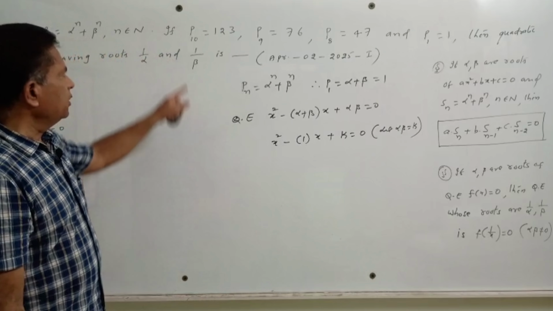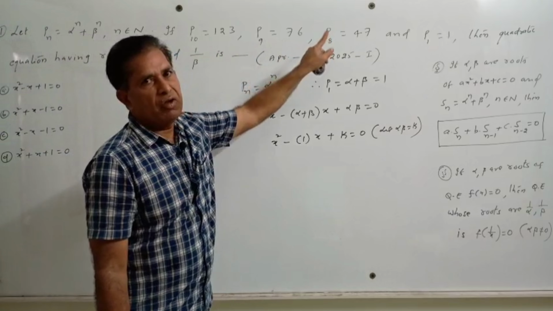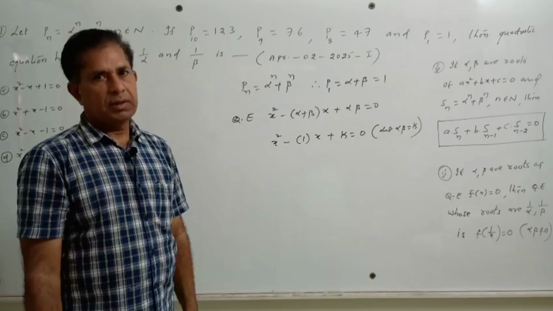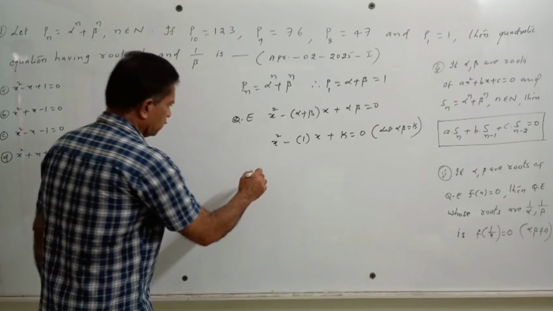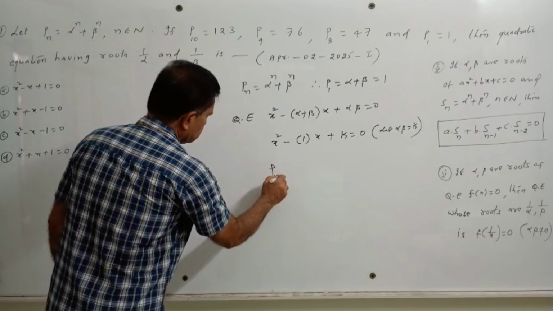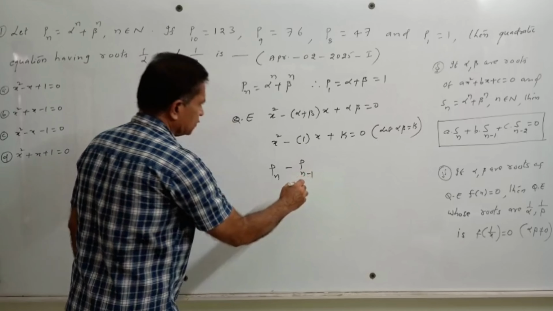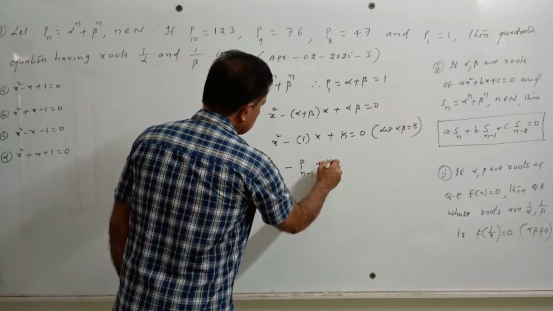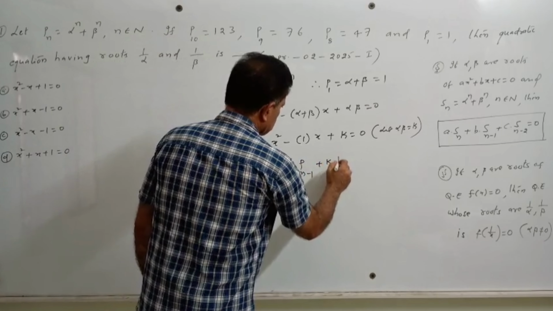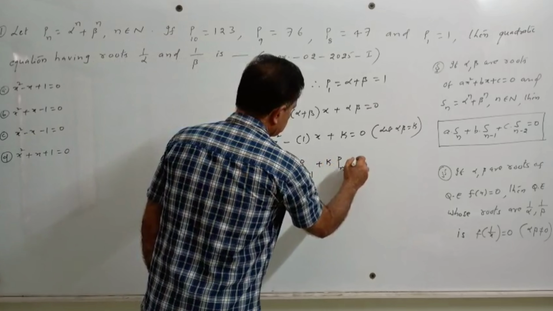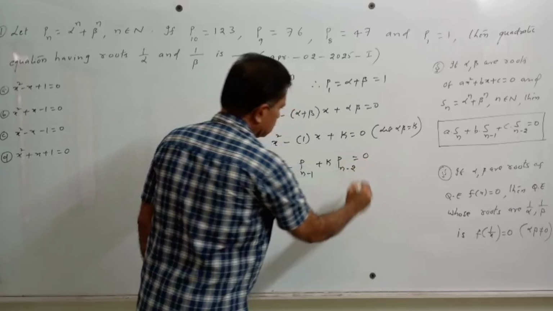To find k he has given P10, also P9, also P8. Let us use Newton's formula. In place of x square I am substituting Pn, in place of x I am substituting Pn minus 1, k into 1, in place of 1 I am substituting Pn minus 2, that is Newton's formula, is equal to 0.